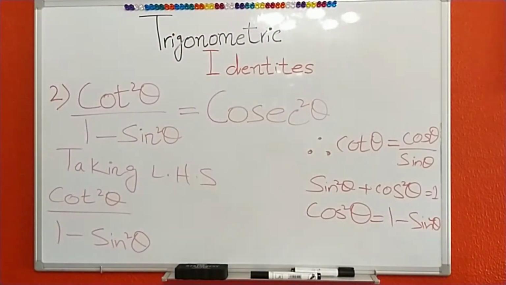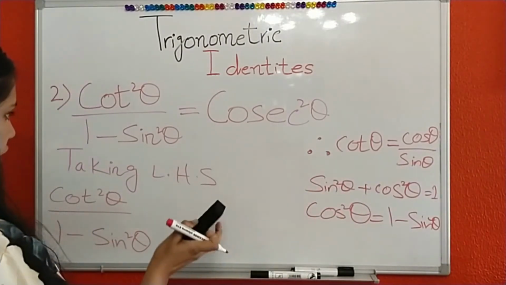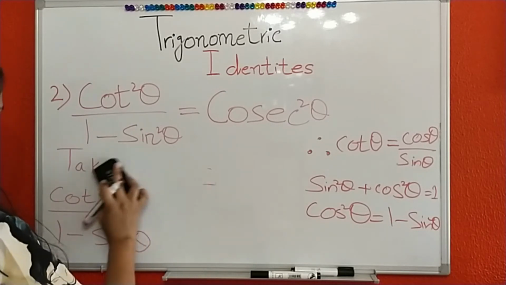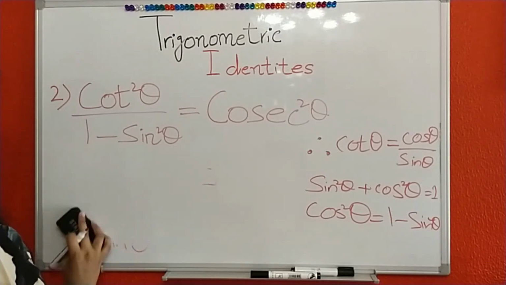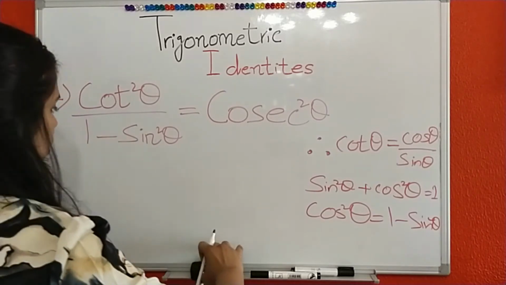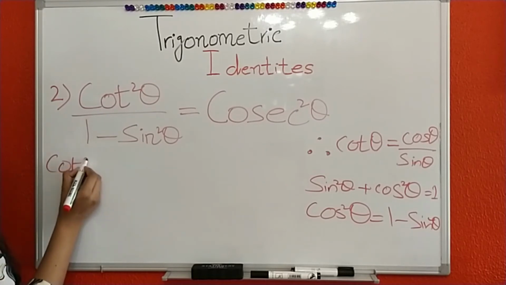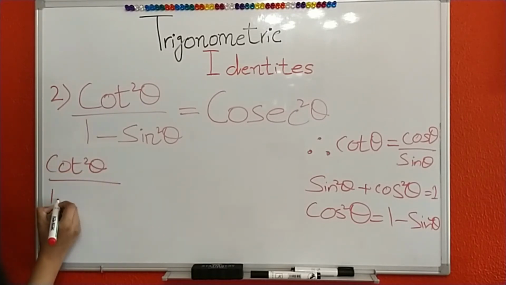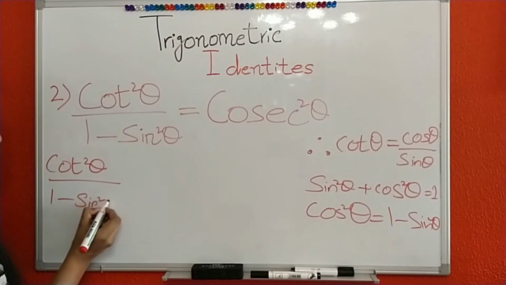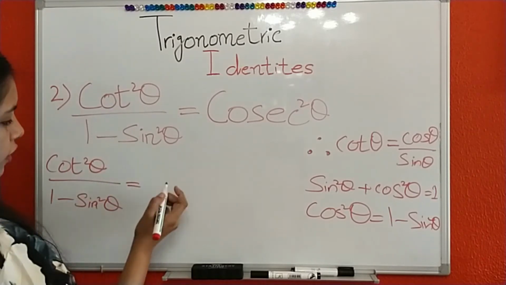Okay, I am putting the identities here. I'm just simply erasing these parts to put the identities. So as I know, cot² theta upon 1 minus sin² theta, and what is the formula of cot?